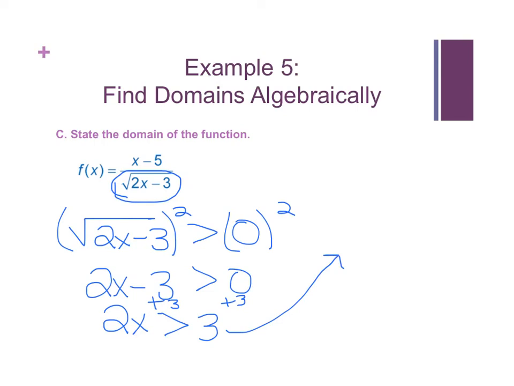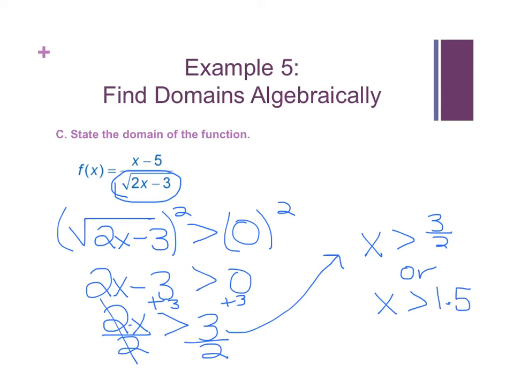To solve for x, I'm going to divide both sides by 2. The 2's cancel and I'm left with x is greater than 3/2. Another way to write that, 3/2 is the same as 1.5. So I know x has to be greater than 1.5, or greater than 3/2.